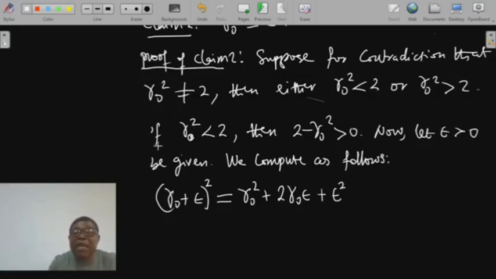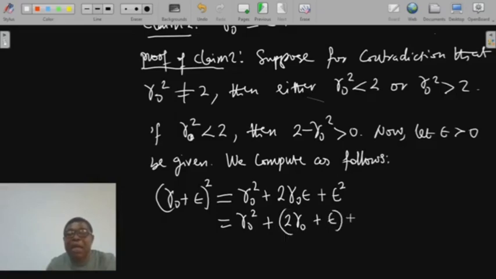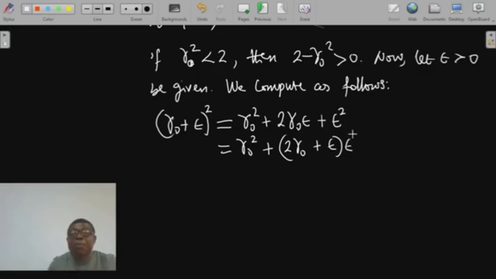Now, observe that this is still equal to gamma naught squared plus, I say, 2 gamma naught plus epsilon, then times epsilon. Now, if epsilon is less than 1, then let me label here, star.